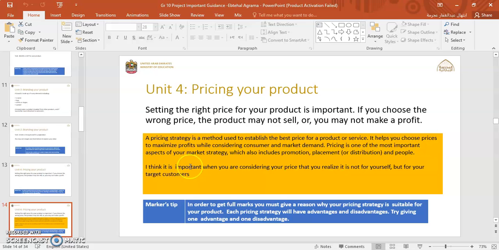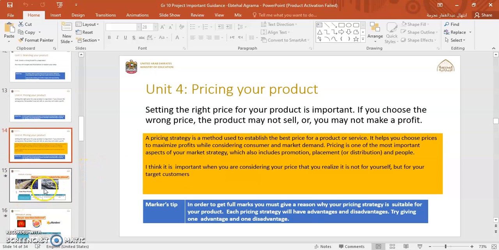Pricing is one of the most important aspects of your market strategy, which also includes promotion, placement or distribution, and people. I think it is important when you are considering your price that you realize it is not for yourself but for your target customers.